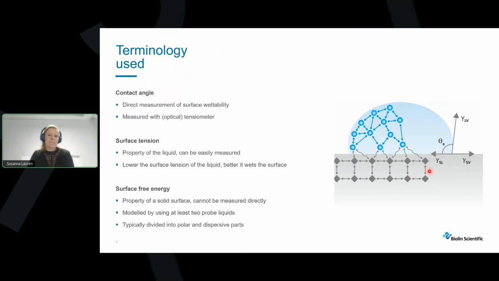So if we want to measure the surface free energy of the solid, we actually have to do it by measuring the contact angle of the solid with different probe liquids.